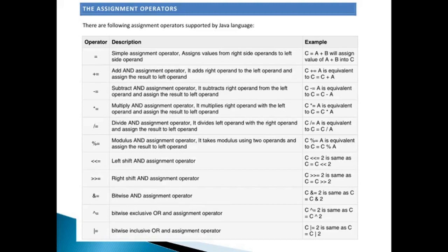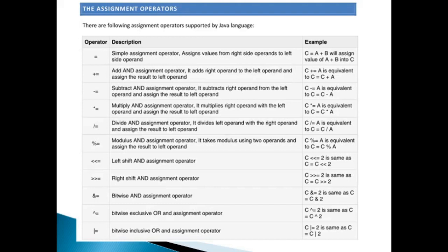This A is equal to A plus 2 can also be written, since we have the liberty in Java, using the plus equals to operator, the operator sign with equal to appended. So A is equal to A plus 2 can also be written in Java as A plus equals 2. In the same manner, minus equals means A is equal to A minus 2.